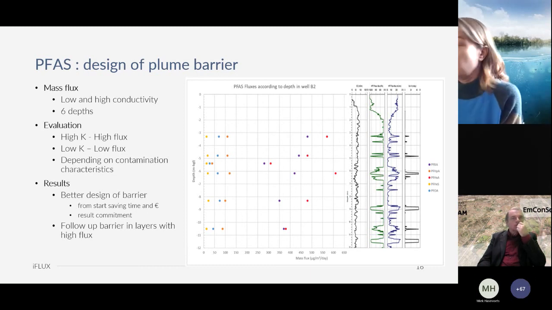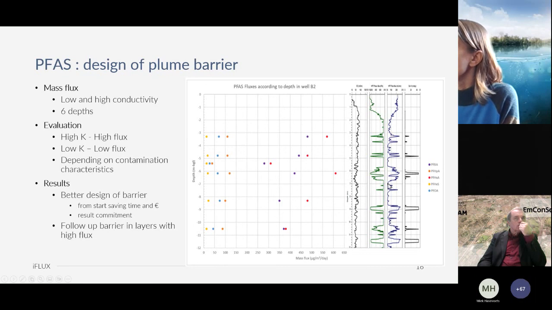There was already information available about the conductivity. CPT drilling had been performed, so zones of high and low permeability were known. Most samplers were installed at the zones of high hydraulic conductivity, but at low conductivity zones, 2 flux samplers were also installed.